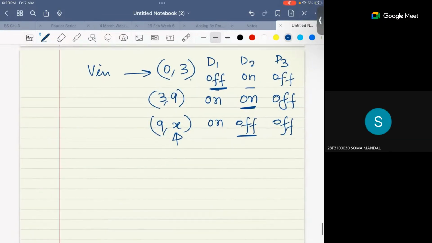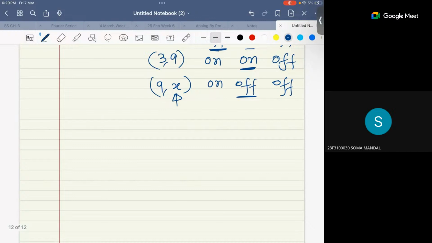Yes, sir. So now we have to calculate the value of X. Now we have to write the circuit again. The circuit was, this was short circuited with 2.5 kilo ohm. Now we have a resistance of 5 kilo ohm. D2 is off now, so this is short circuited D1.